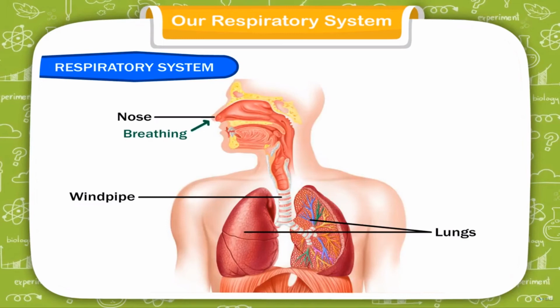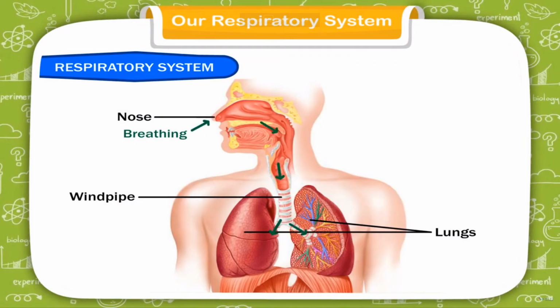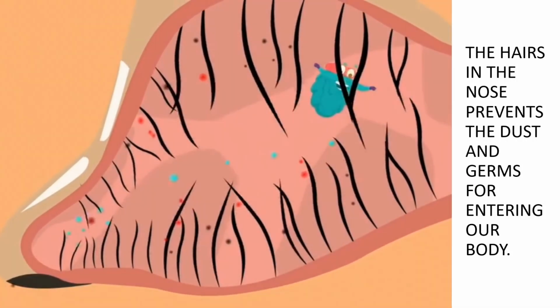We take in oxygen through the nose from the surrounding air and give out carbon dioxide. This process is known as breathing. The small hair inside the nose traps the dust particles from the air that enters. The hair in the nose prevents dust and germs from entering our body.